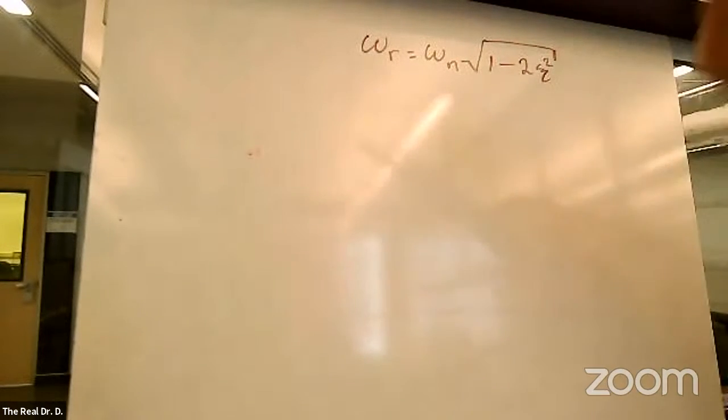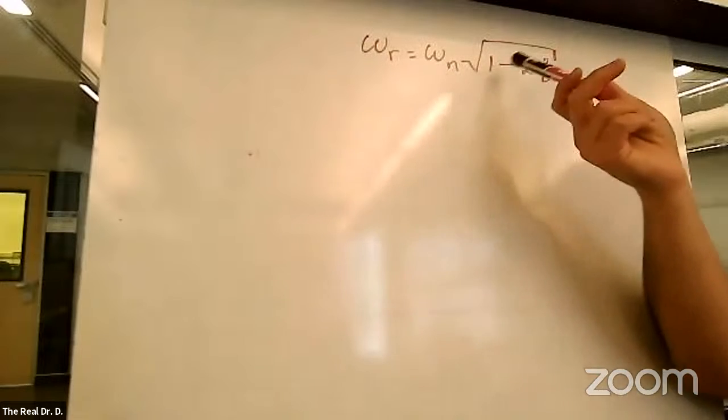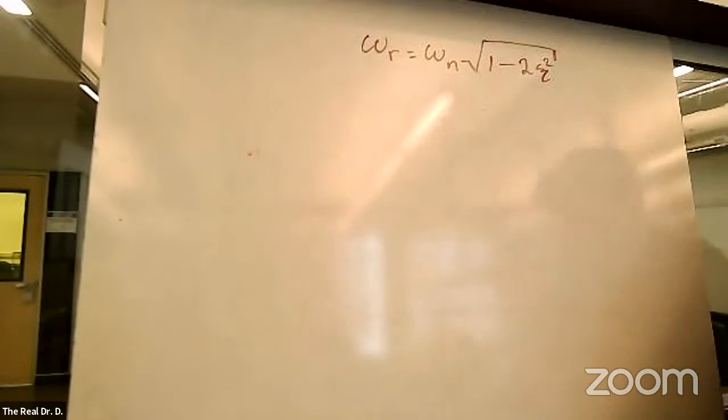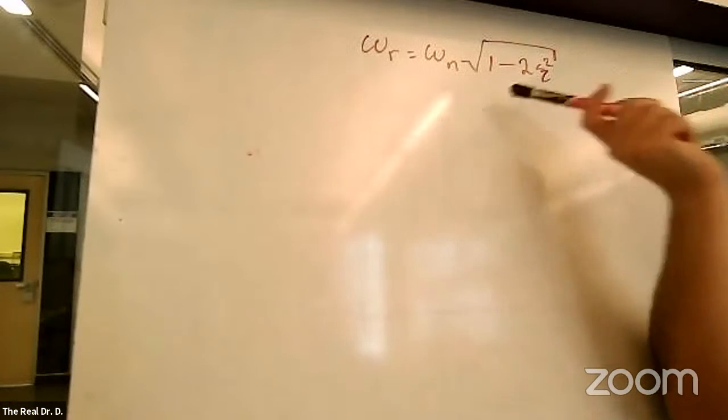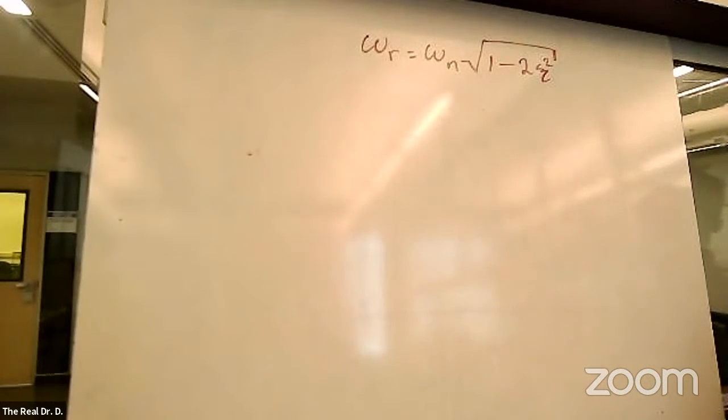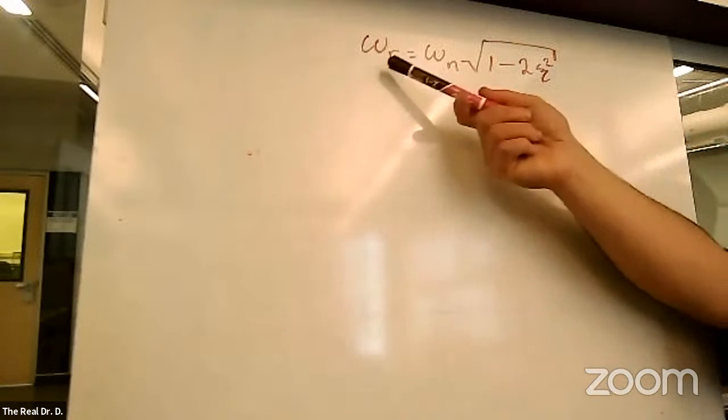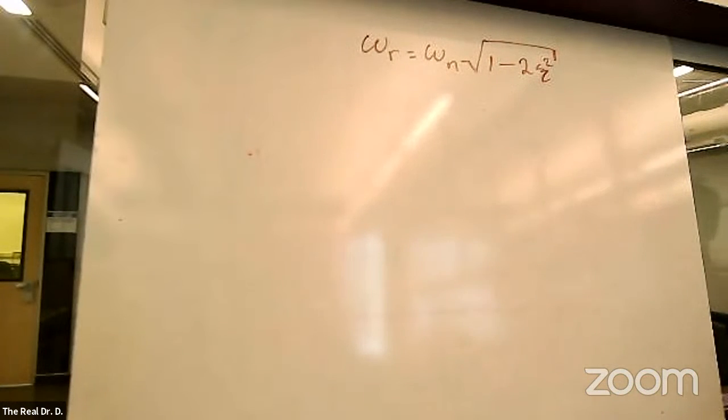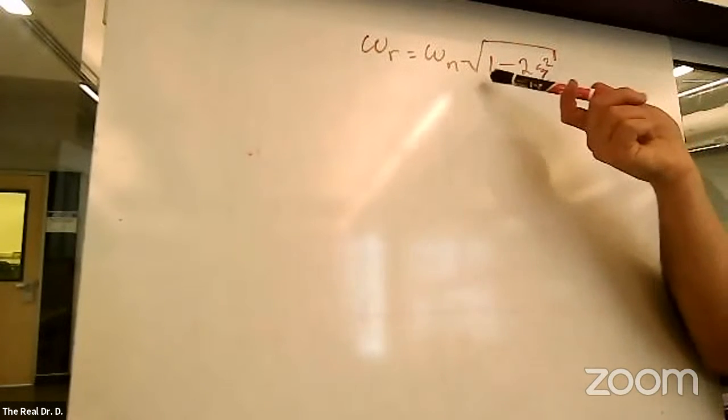There's this, right? What's really interesting about this is that resonant peaks only occur for zeta less than 0.7071. Any zeta higher than that, and you do not have a resonant peak. It will not exist. Why is that?